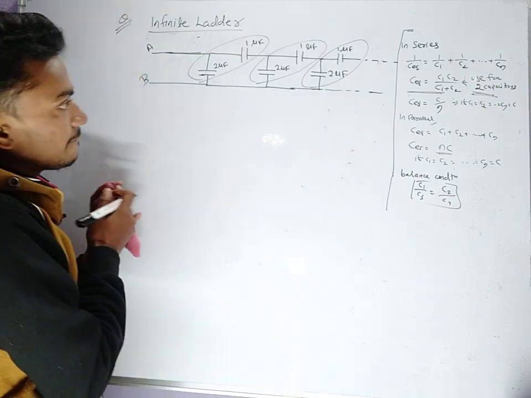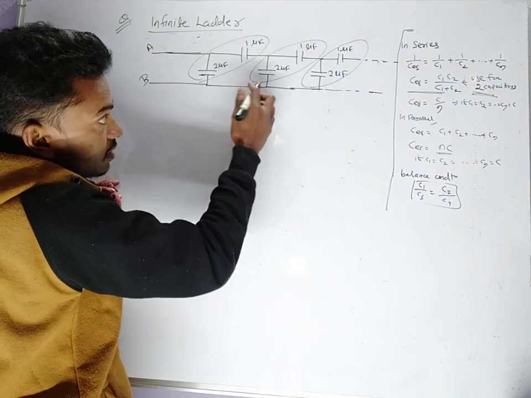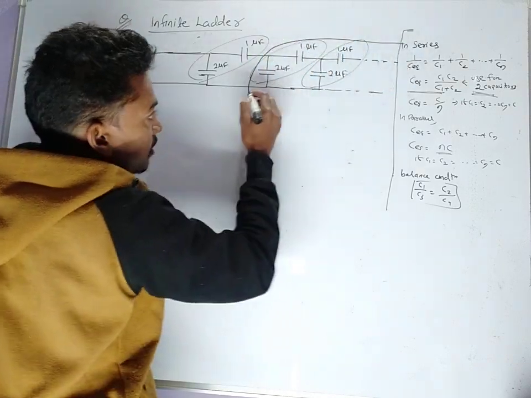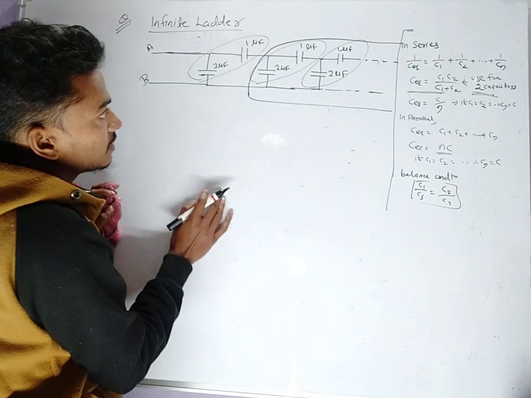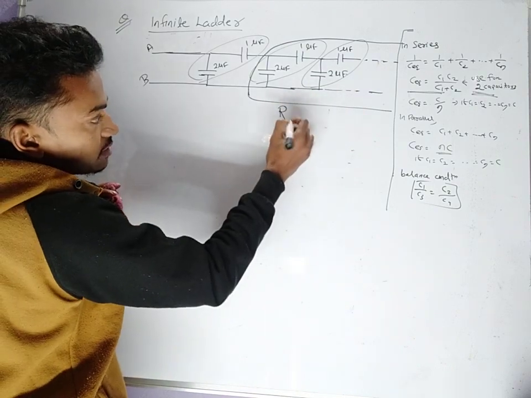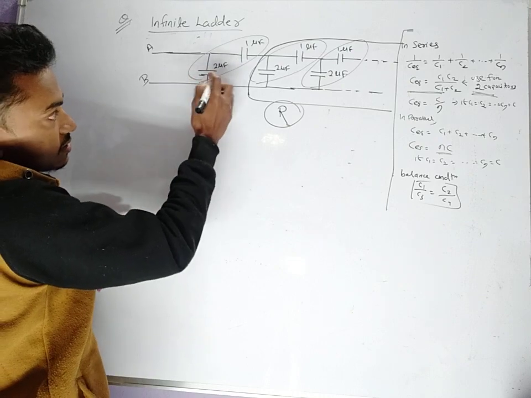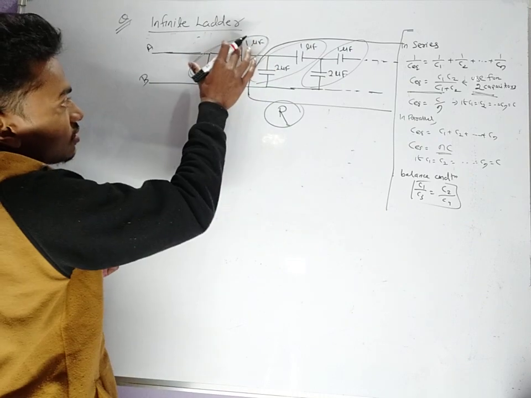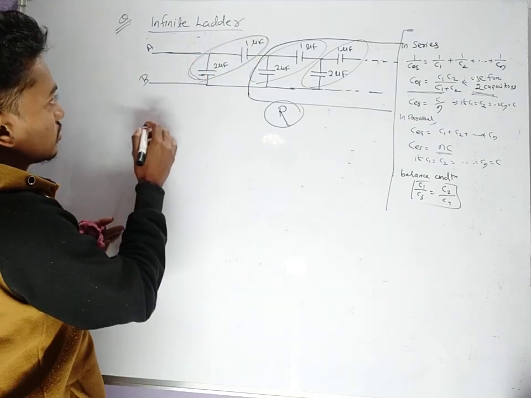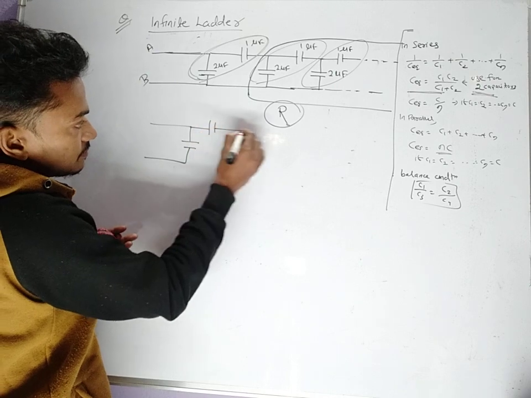Similarly, suppose the equivalent capacitance of all these capacitors connected in this type of arrangement is C. Suppose I am removing the first stick of the ladder, this combination. So we can redraw the figure.